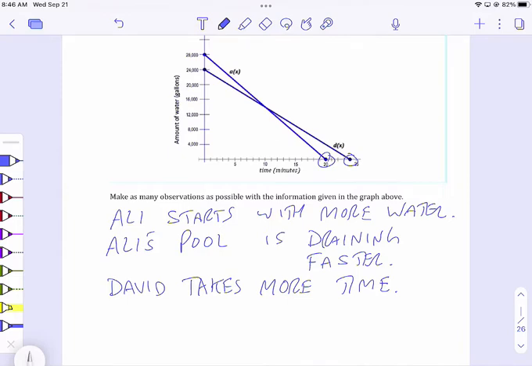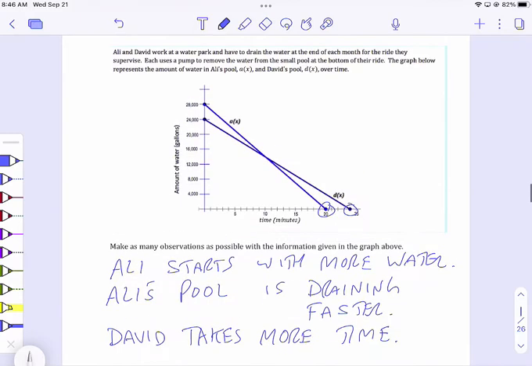We already know Ali goes faster, but there's a difference between going faster and taking less time. I could have a really steep one that starts a lot and ends after David. Just because it's steeper doesn't mean he beats David. I could have a person who starts with this and goes really slow and finishes first. So the fact that Ali is faster doesn't automatically mean he takes less time, because you can take more time and still be moving faster if you start with more.